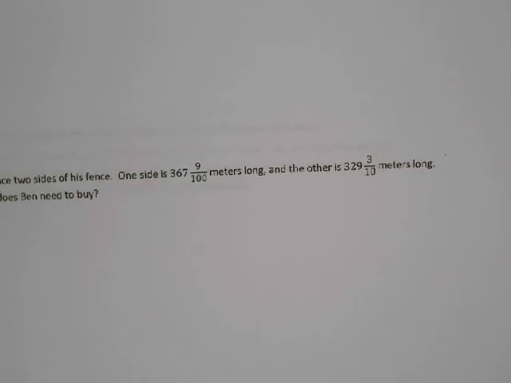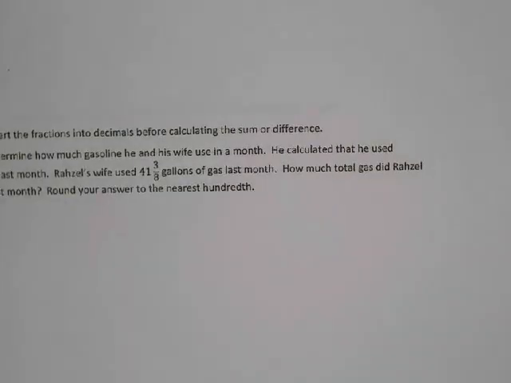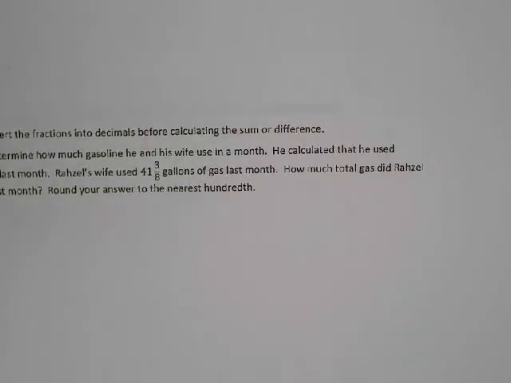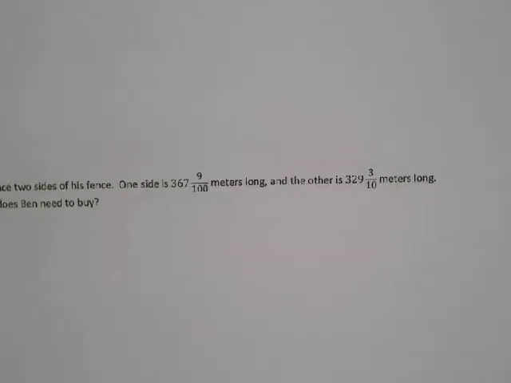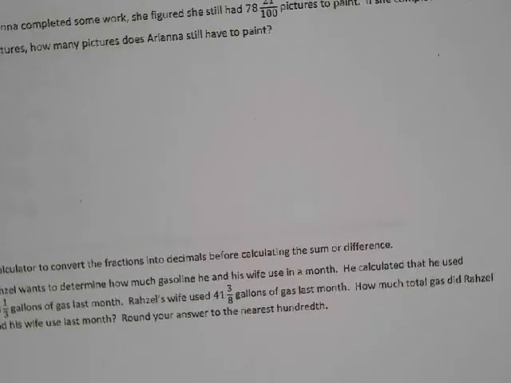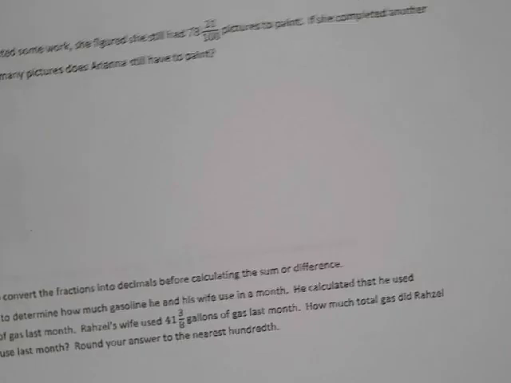You're going to now go on to the class exercises, and you're going to answer questions 1, 2, 3, 4, and 5. You're going to need to read your problems carefully, set up your addition or subtraction problem first using fractions, then convert those into decimals, and finally solving those.